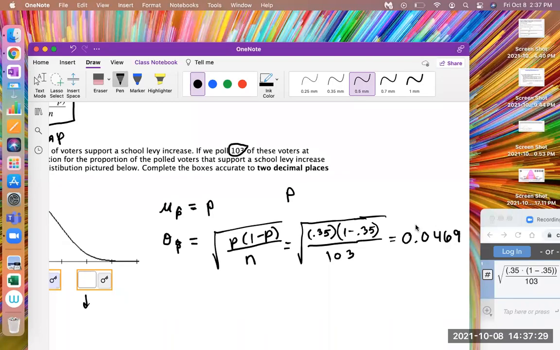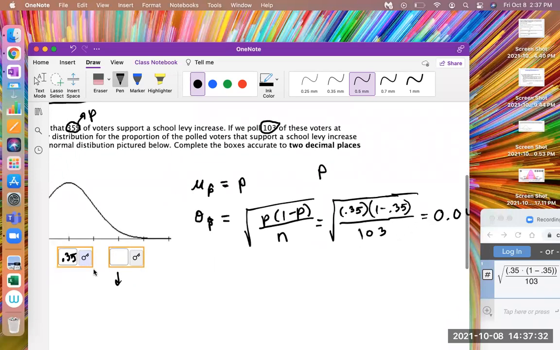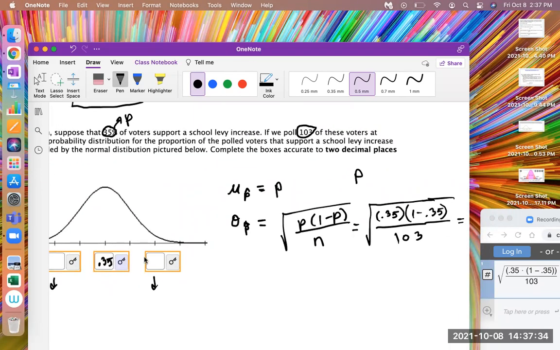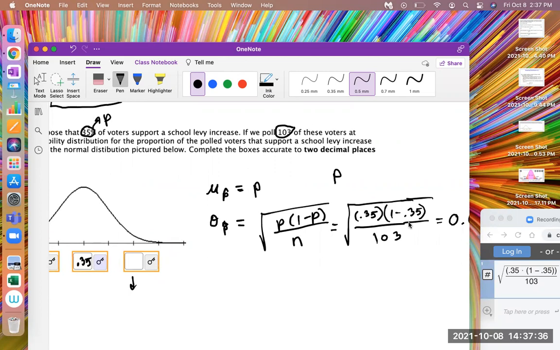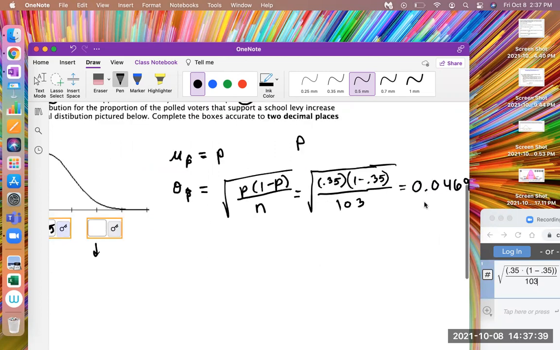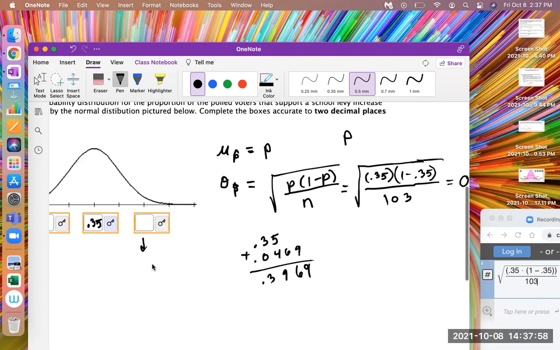Okay, so now we need to take the 0.35 and add 1 standard deviation, this 0.0469. So that gives us 1 standard deviation above the mean. And I think that's really what they're asking for here, but I'm not positive. So let's double check it.